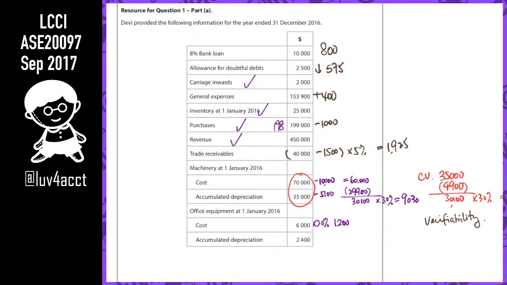So we have 154,300. Irrecoverable debt, 1,500. So that's all for now.